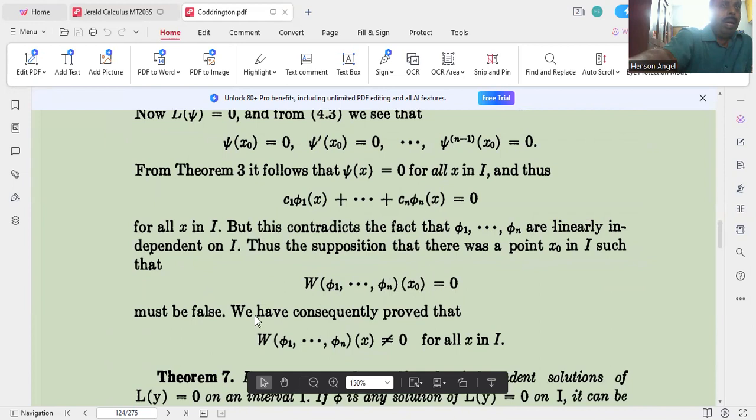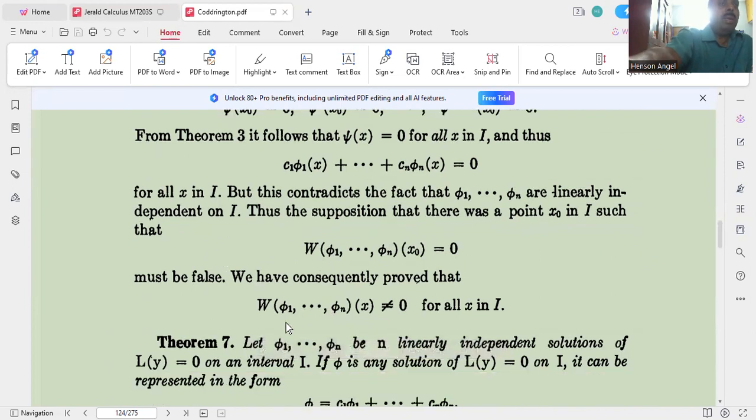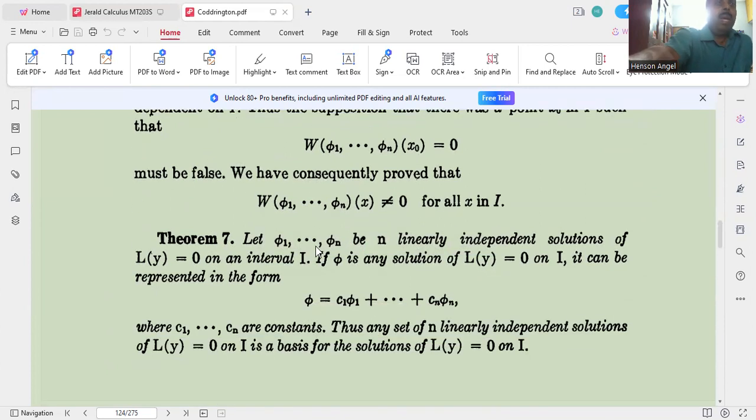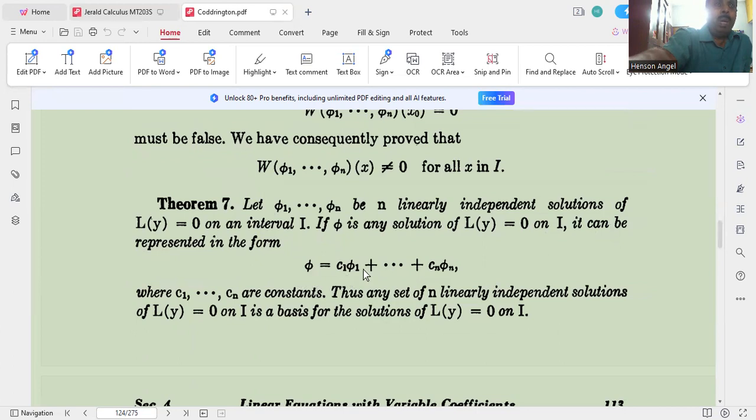So we have consequently proved that the function of x is not equal to 0 for all x in this interval I. Next theorem: let phi 1, phi 2, phi 3, ..., phi n be n linearly independent solutions of L(y) = 0 on an interval I. If phi is any solution of L(y) = 0 on the interval, it can be represented in the form phi equal to C1 phi 1 plus C2 phi 2 plus etc., Cn phi n, where C1, C2, C3, ..., Cn are constants.